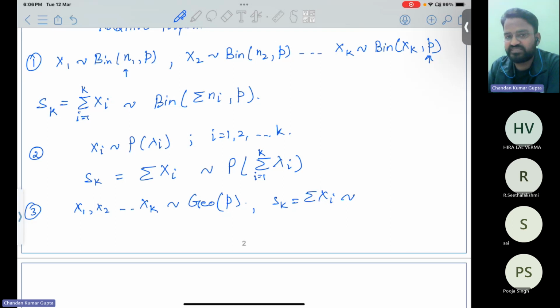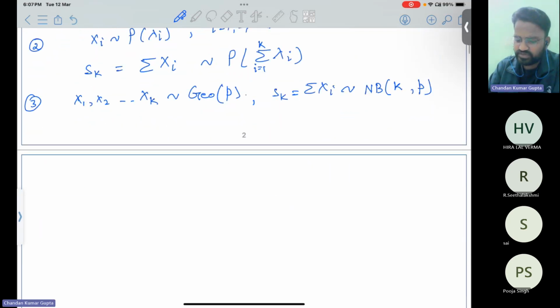These were already discussed in the lectures. This is actually the negative binomial distribution with parameters p and number of successes k. Just think, the geometric distribution is a particular case of the negative binomial distribution.